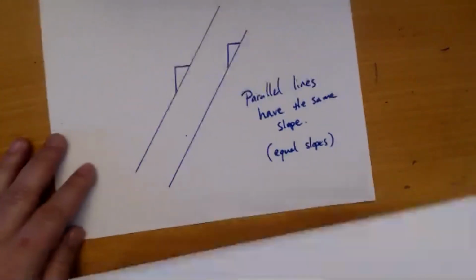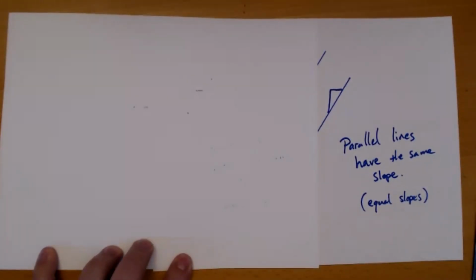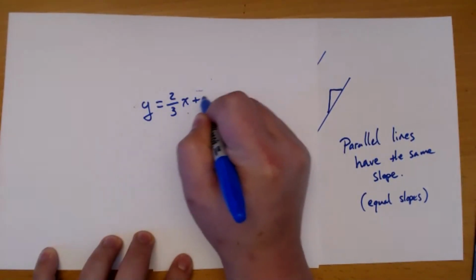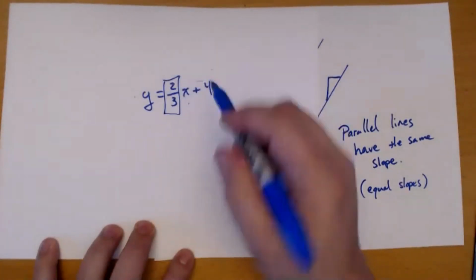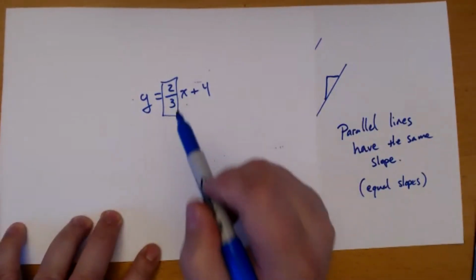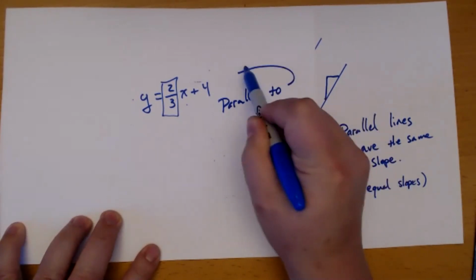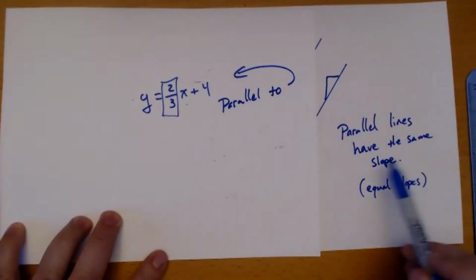Now, if I had a line, and I said y equals 2/3 x plus 4, what number in that equation is my slope? 2/3. Right, that's the slope. So if I wanted a line that was parallel to this, any line that's parallel to this is going to have the same slope.